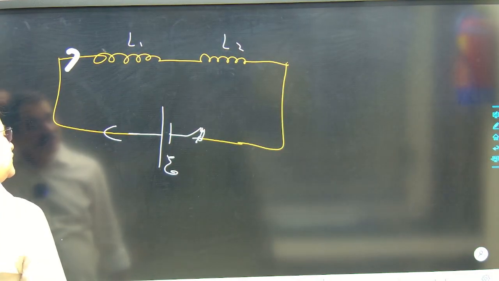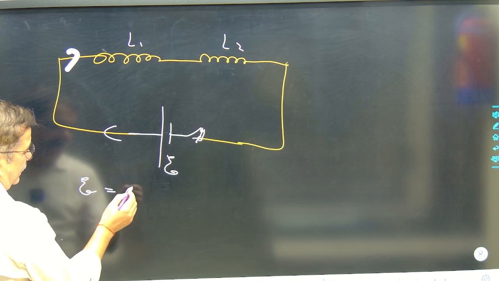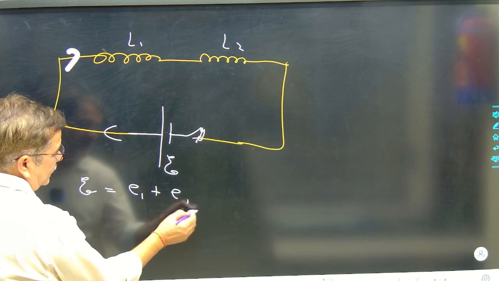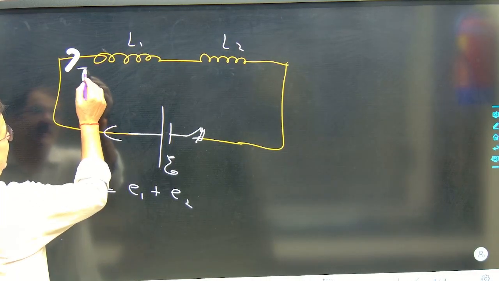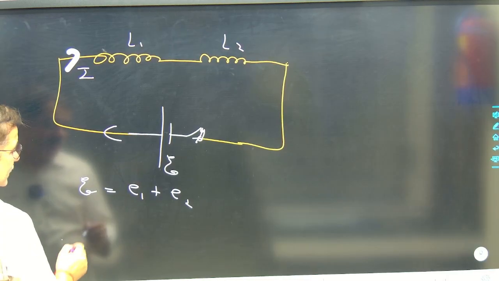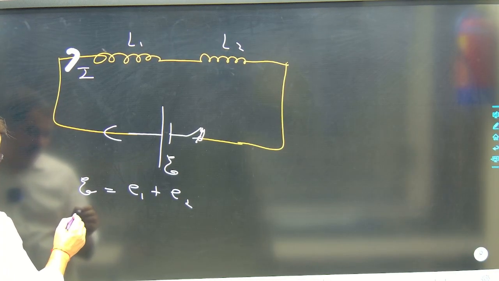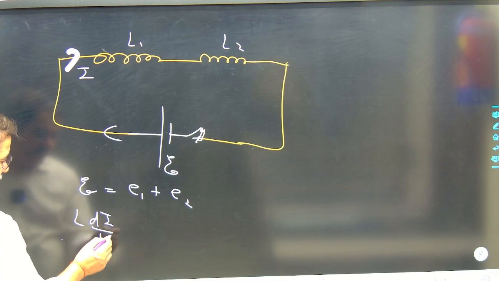So what I will see, the EMF E will be equal to E1 plus E2 here, correct, and the same current will be going in each of them. Further, E is equal to L times di by dt, this formula I also used.